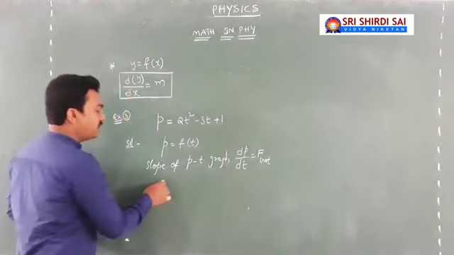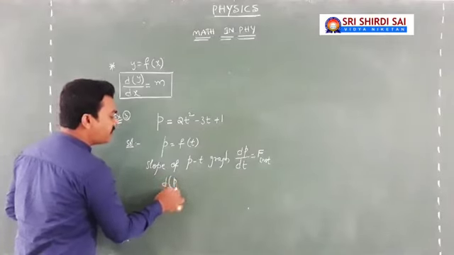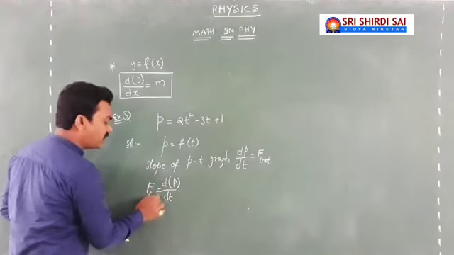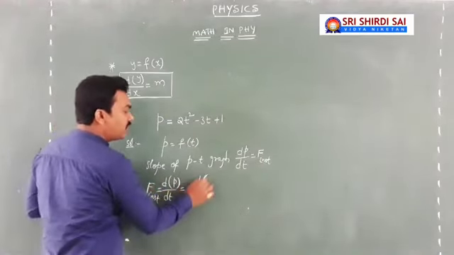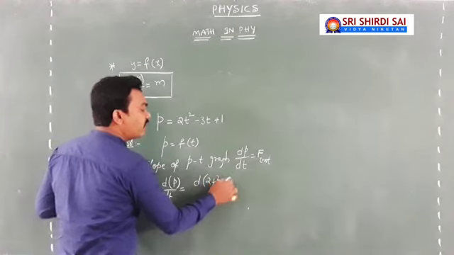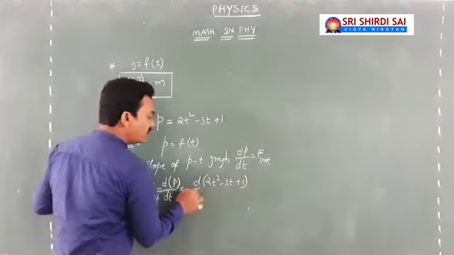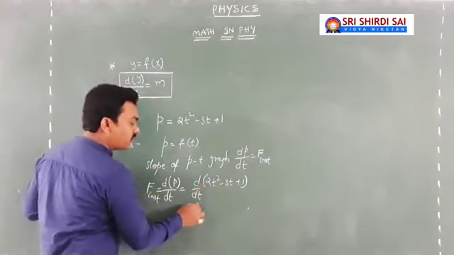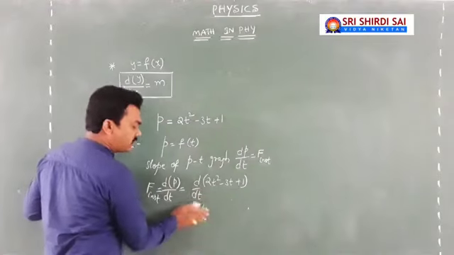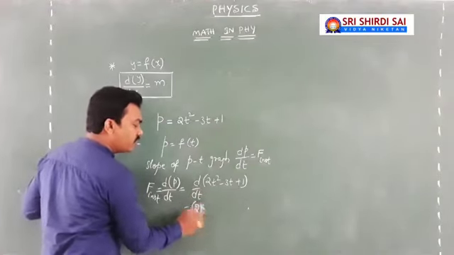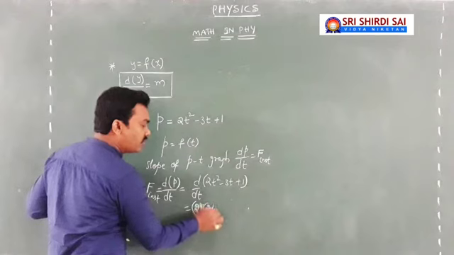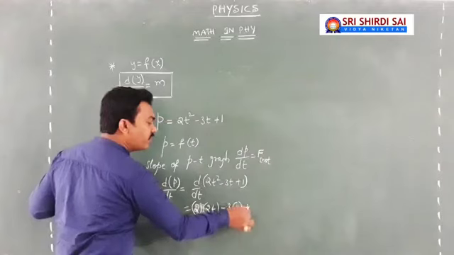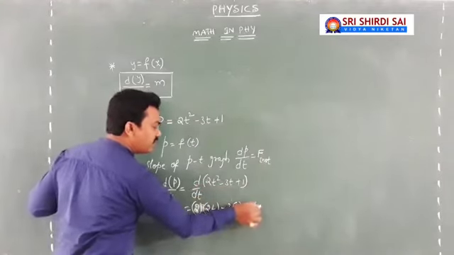Now coming to the point, the derivative of momentum with respect to time will give the instantaneous force acting on the body. This is equal to the derivative of 2t square minus 3t plus 1 with respect to time. Now here the derivative of 2t square means 4t. Let me write in detail: 2 into the derivative of t square, 2t, minus 3 into the derivative of t with respect to t, 1, plus the derivative of 1 with respect to t, 0.